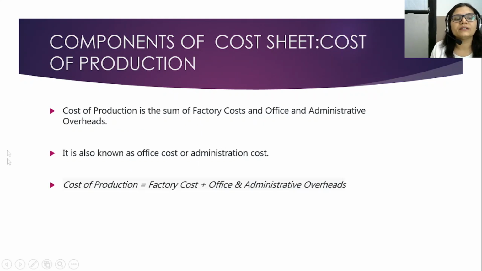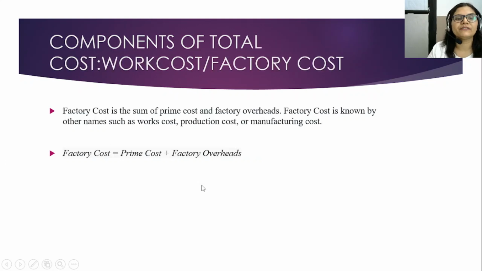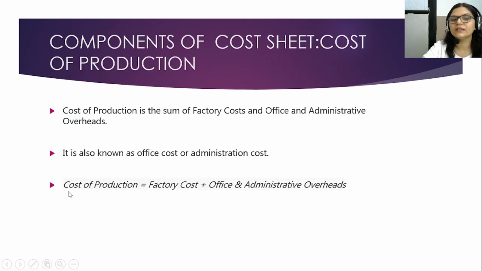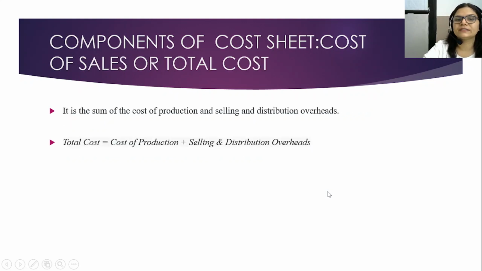Moving further, cost of production is factory cost plus office and administrative overheads. Another component is the total cost, which is cost of production plus selling and distribution overheads. This is a brief overview of what components are included in a cost sheet.